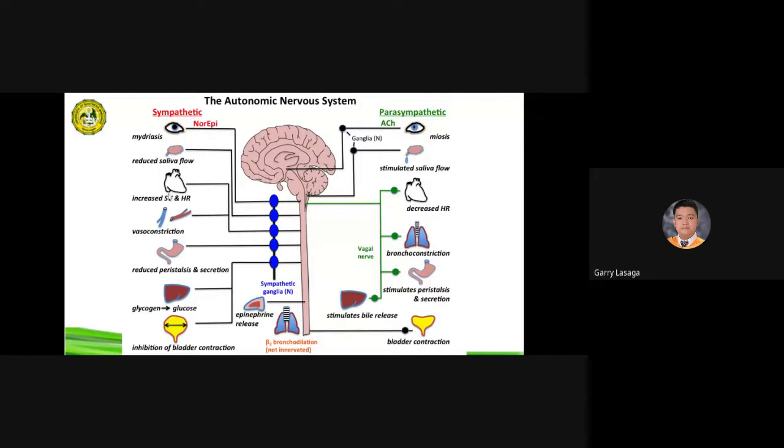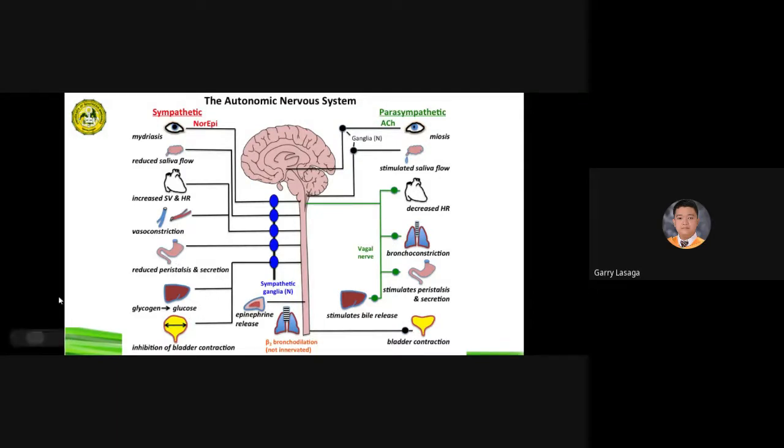For the heart, of course, there will be increase in the heart rate and the stroke volume. For the blood vessel, there will be vasoconstriction of our blood vessels. So there will be decrease in the blood flow. For the gut, particularly the stomach, there will be reduction in the movement of the bowel or reduction in the peristalsis, as well as the secretion of gastric enzymes.